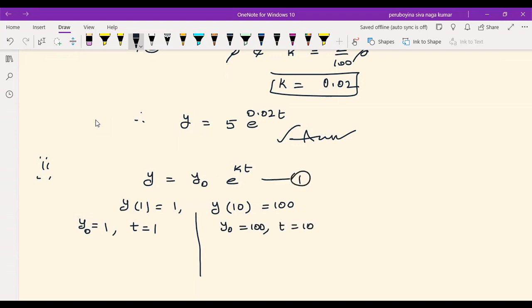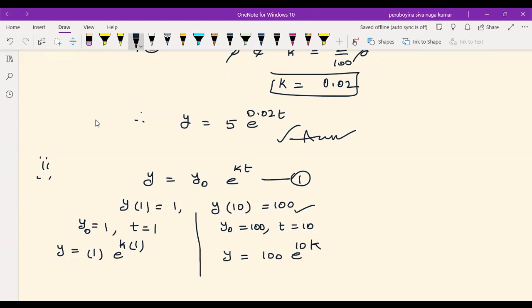Okay, we will substitute these values in the first equation. First, we will write y is equal to y naught, e power kt, so 1 is equal to y naught into e power k into 1. Okay, here in this equation, we're going to substitute these values. 100 is equal to y naught e power 10 into k, because the t value is 10.